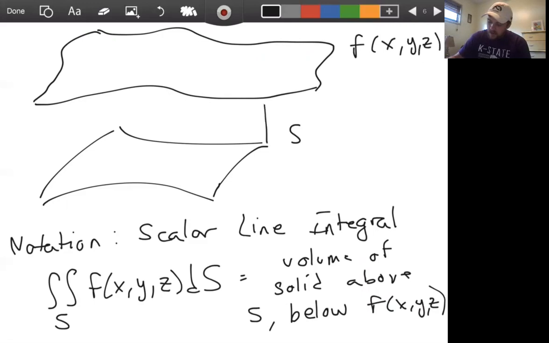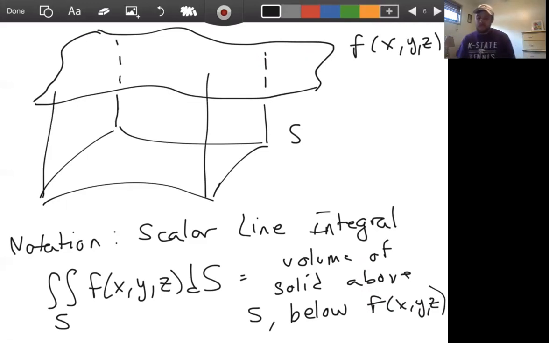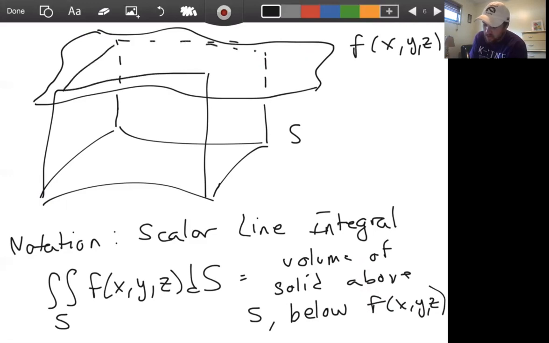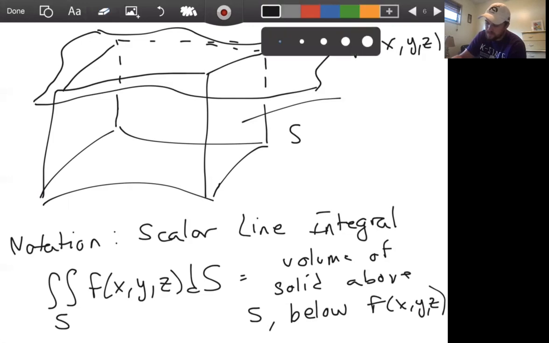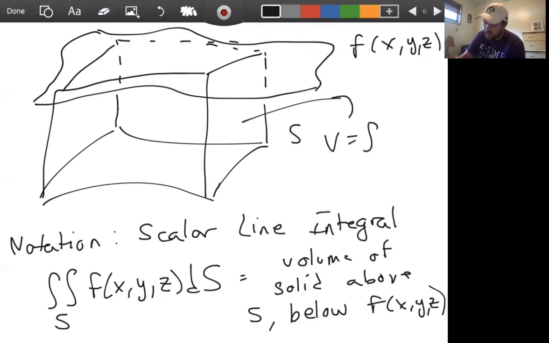We can think about extending this surface vertically, and then looking at what solid is obtained between the surface and this function f of x, y, z. And the scalar surface integral is going to give us volume, right? This volume here is the scalar surface integral.